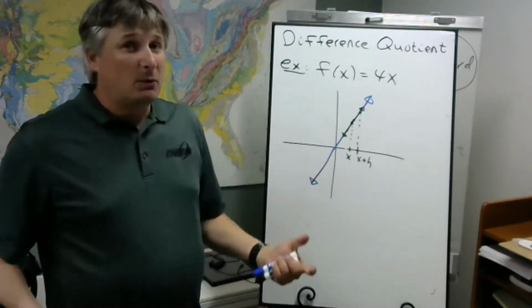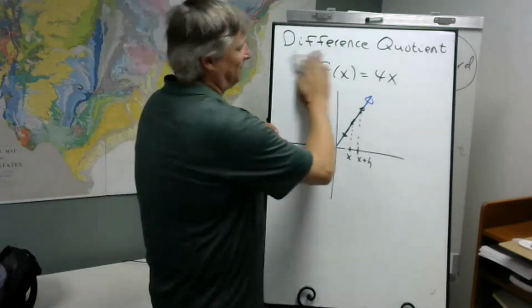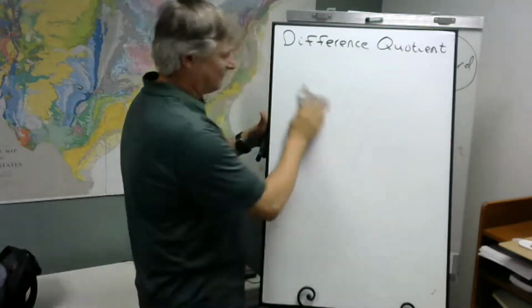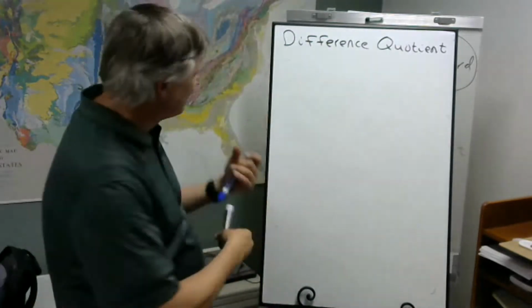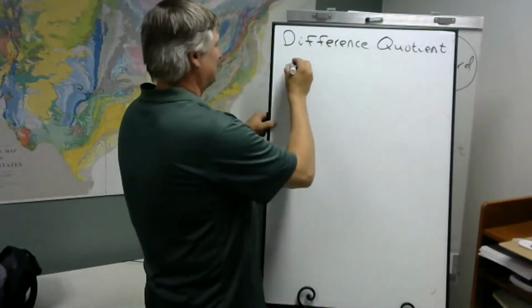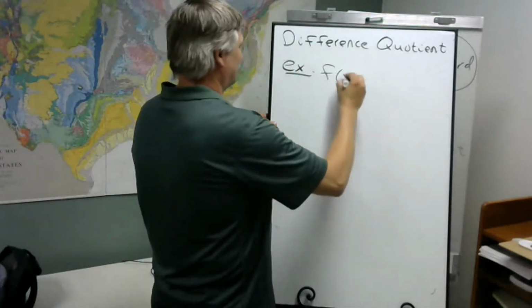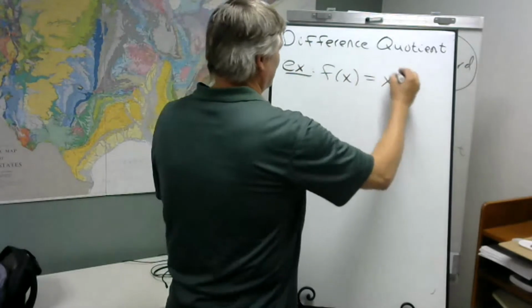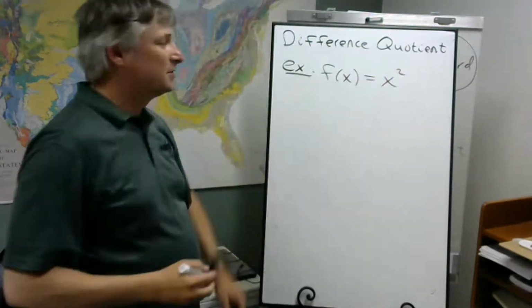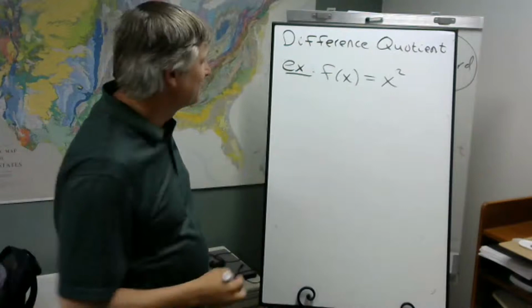So let's look at an example where that happens. Let's say we have this. Let's compute the difference quotient for this.